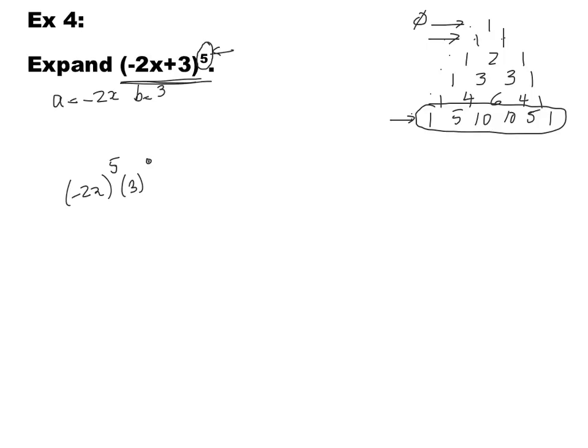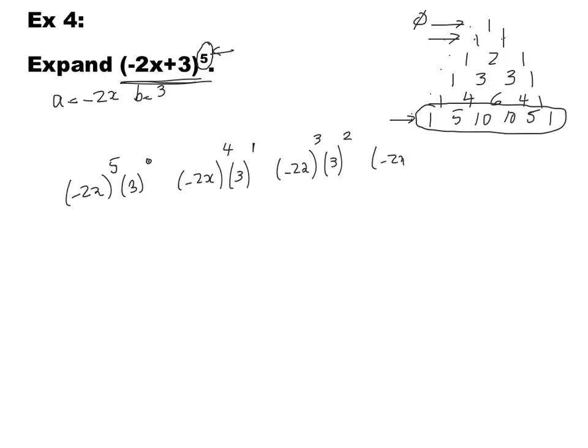So write the same thing beside it. Now it's going to be negative 2x exponent 1 less now, so 4. And this one, since the sum has to be 5, is 1. Then it's going to be negative 2x exponent 3. Then it's going to be 3 exponent 2.